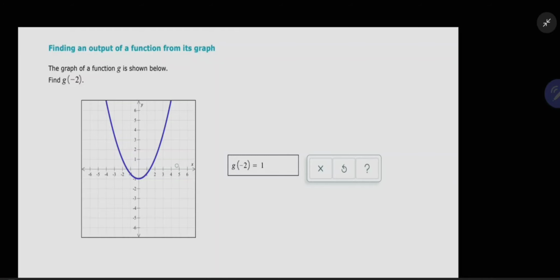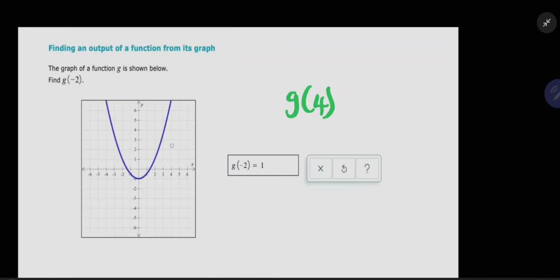So let's find g of 4. So you just have to follow my cursor line. So on 4, this is 4 on the x-axis, which is the input.